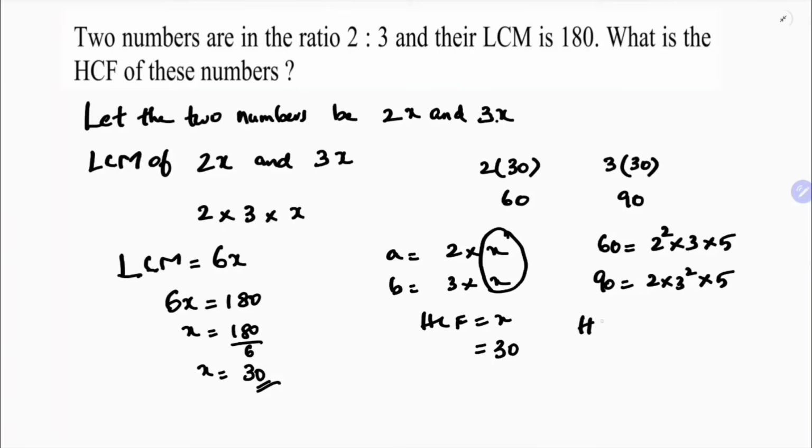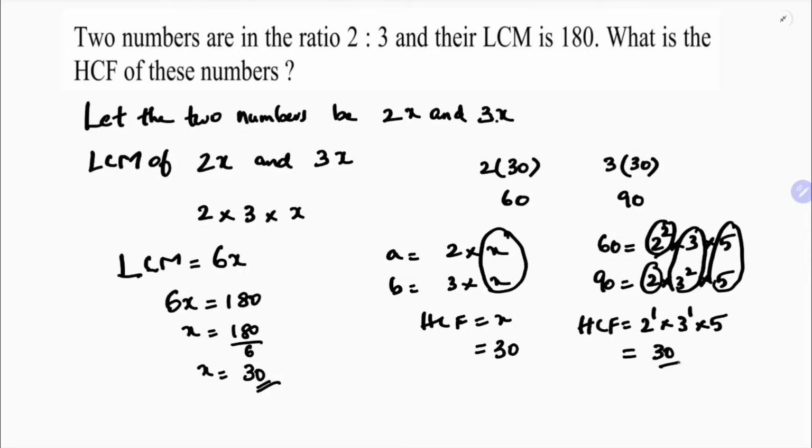So here, out of these two, the common is 2 power 1, 3 power 1, and 5. So clearly the HCF is 2 into 3, 6, 6 fives, 30. So the HCF is 30.